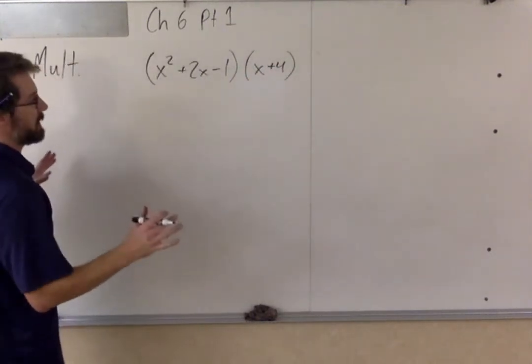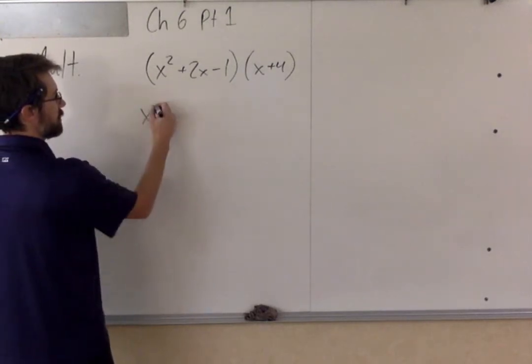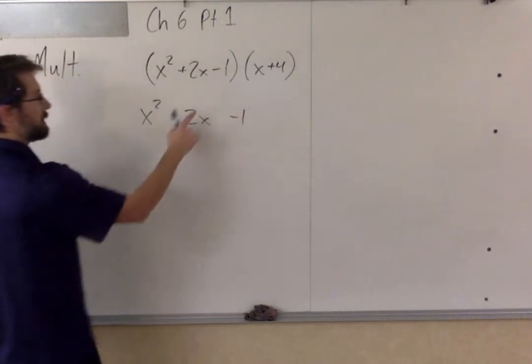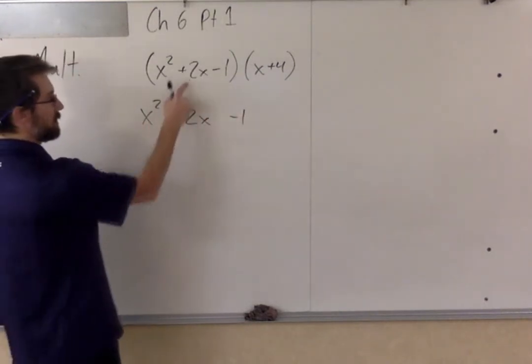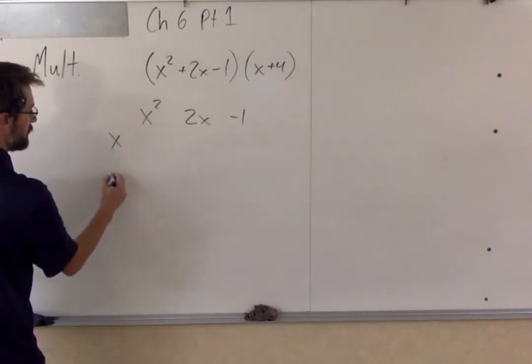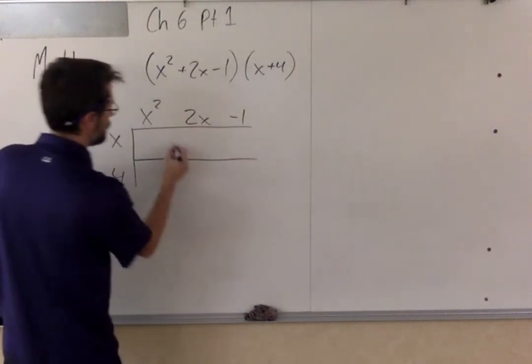Box method multiplication. I am going to take one of the polynomials and list its terms horizontally. I need to have the sign. I don't necessarily have to have the plus to imply that this is positive. Then I'm going to take the other one and list it vertically, and I'm going to make a table.